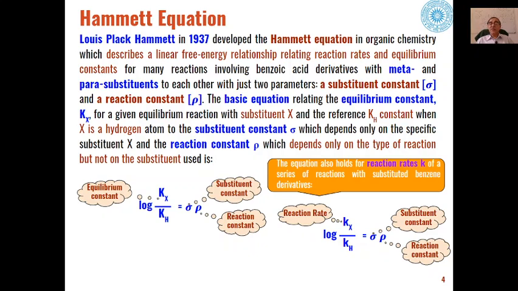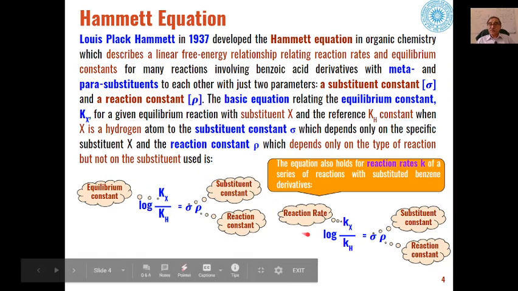So depending upon the type of specific substituent, we will have the value for this substituent constant, that is sigma. Whereas in case of reaction constant rho, this will depend only on the type of reaction but not on the substituent used. So reaction constant is reaction dependent and substituent constant is substituent dependent.